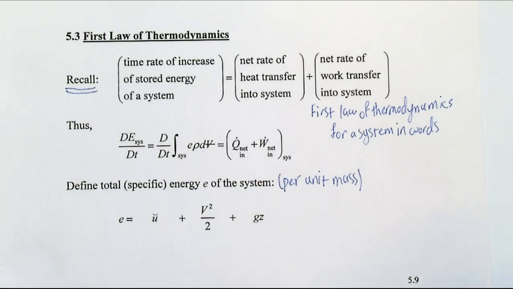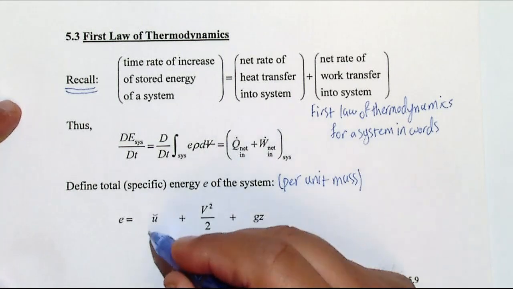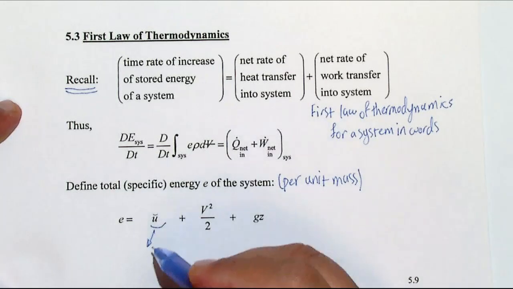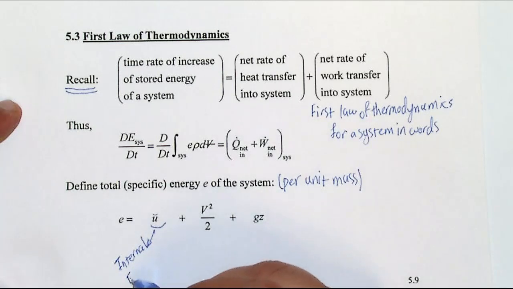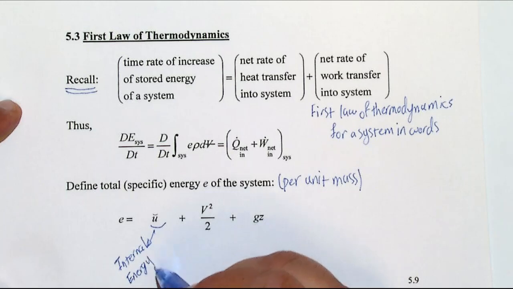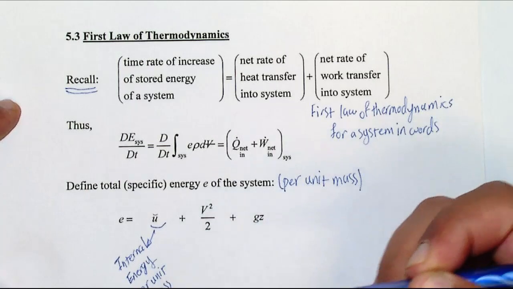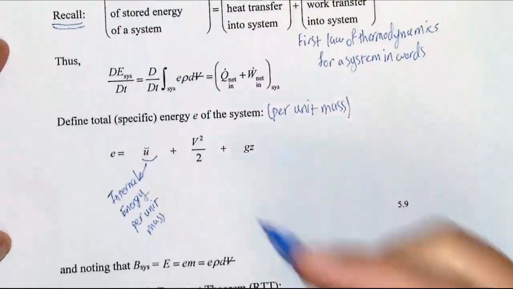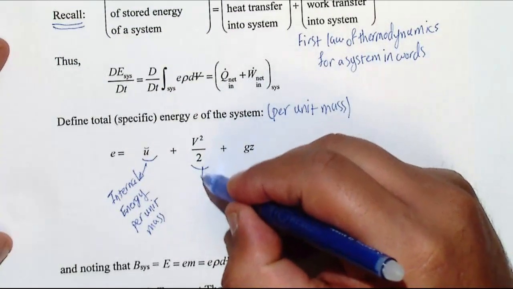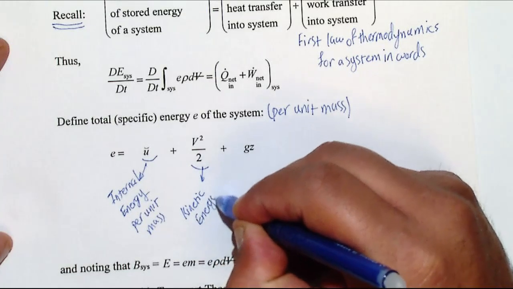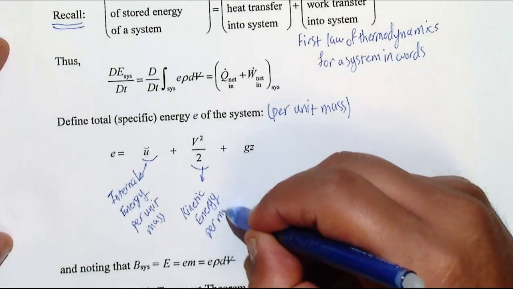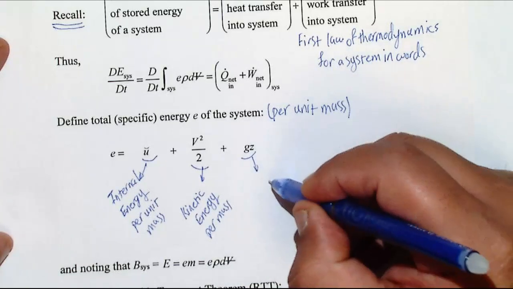So we can define the total energy here as three terms. The first term is internal energy, again per unit mass, the second term is the kinetic energy term, again per mass, and that's going to be your potential energy.